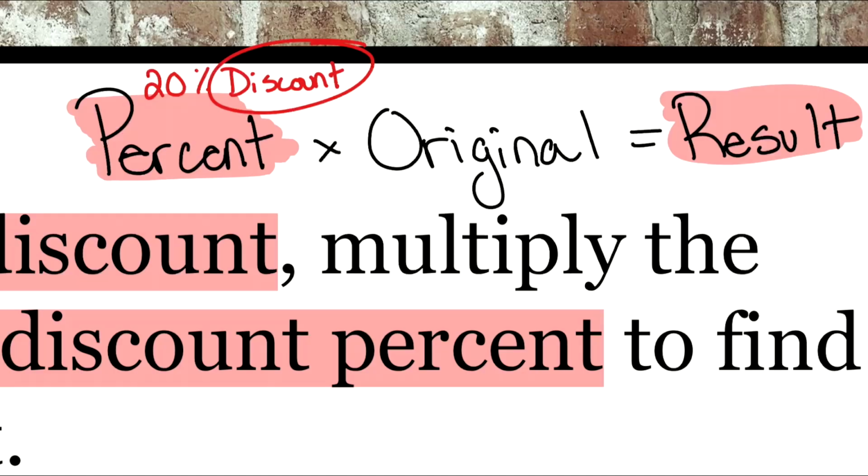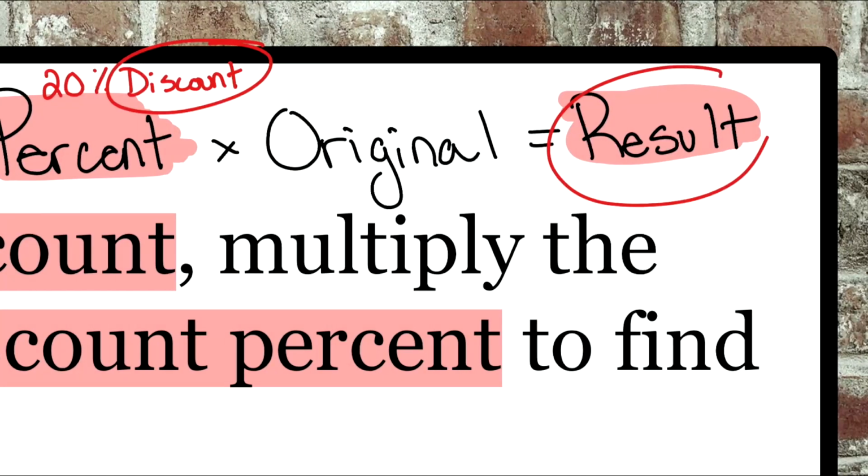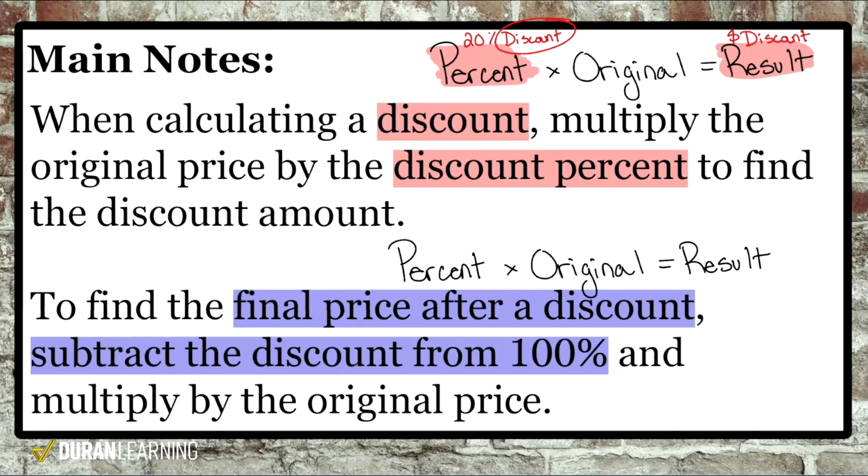If you are multiplying by the percentage discount, the result that you get is going to represent the dollar amount of your discount. Now, everybody, that's probably the easier part. I'm willing to bet that this part down here in blue is the harder part for a lot of us. And I got you. This is what we're here for.